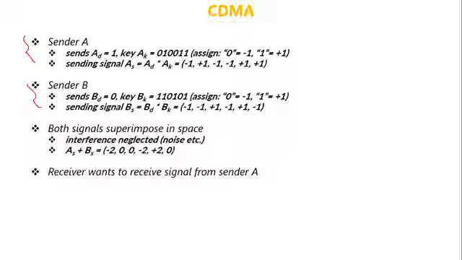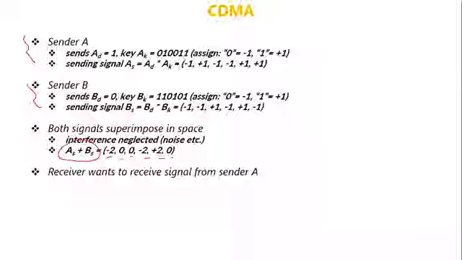If it gets superimposed, -1 plus -1 becomes -2, +1 -1 becomes 0, -1 plus 1 becomes 0, -1 plus -1 becomes -2, 1 plus 1 becomes 2, and +1 -1 becomes 0. So this is the superimposed signal that will be transmitted.